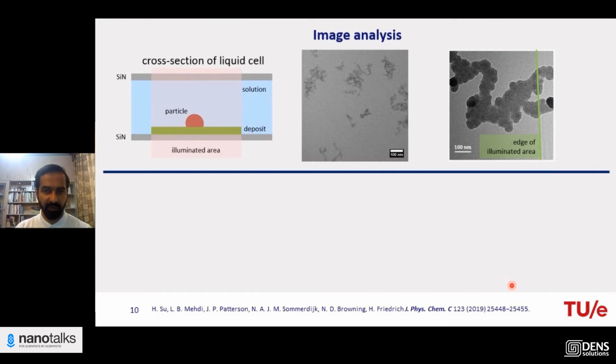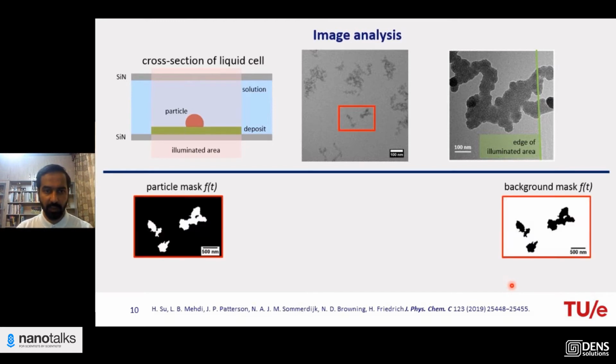So to quantify the growth rate, we need to consider that the cobalt particles growing are showing contrast together with some deposit on the window that should be taken away from our calculation.